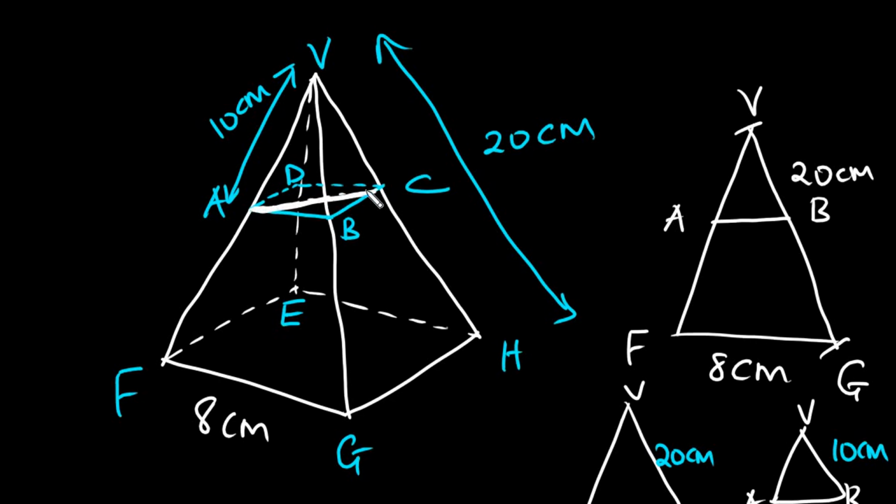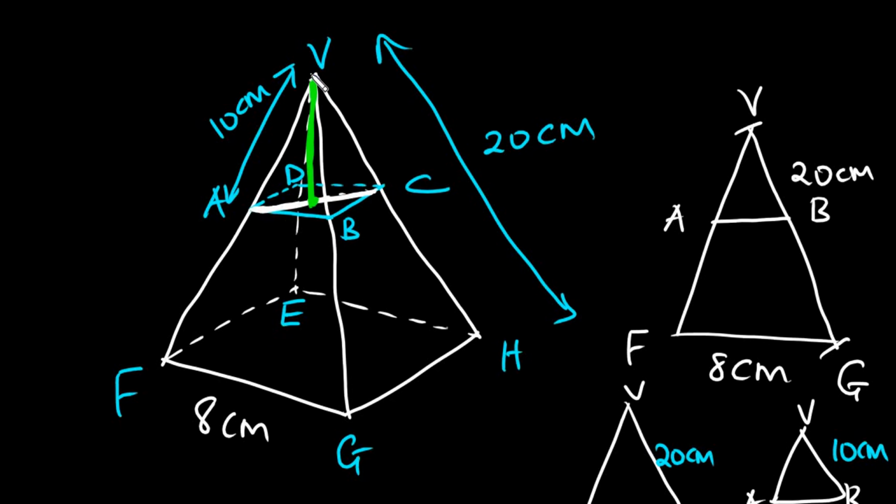Can we all see that diagonal AC? When we talk about the perpendicular height, we mean that height or length from the center of this diagonal, the middle point of this length, to the tip of the pyramid.